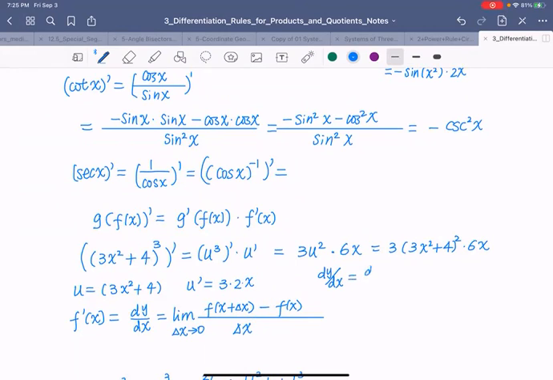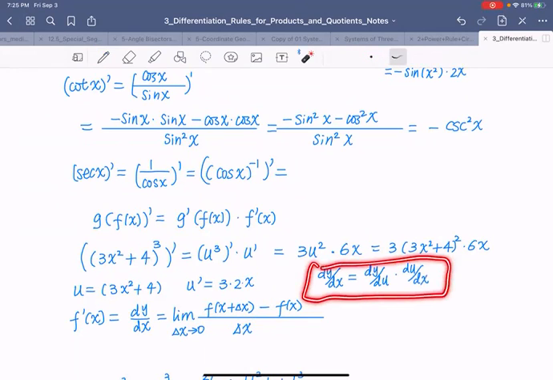So basically you are doing dy over du times du over dx. This is an essential part of the chain rule. This can carry on many, many layers as long as you do your chain rule correctly. Does this make sense to you?